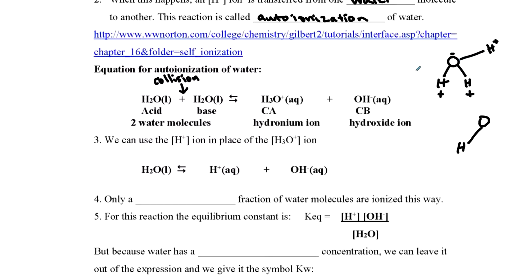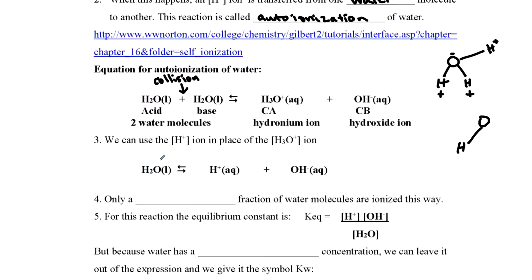And that's due to the attraction of positive to negative. Okay, so we get this ionization. We've got a positive ion and a negative ion based on the collision of these two water molecules. So what we do to simplify this is instead of using this hydronium ion, we just replace that with the hydrogen ion when we show the process.